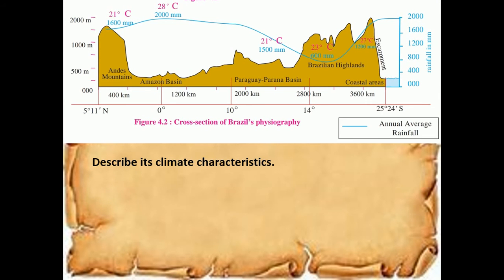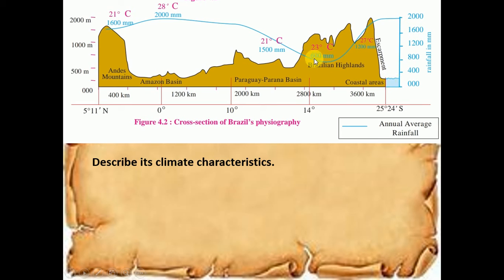Describe its climate characteristics. Now if you look at it, see once again, you come here, you have the rainfall showing over here. Down it is showing you 0, and you look up, it is showing you 600 if you measure. So 0 to 600.